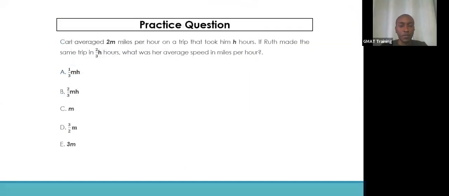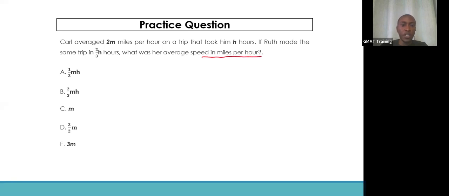Now, let's do the first question. Here's the question. Carl averaged 2m miles per hour on a trip that took him H hours. If Ruth made the same trip in 2/3 H hours, what was her average speed in miles per hour?